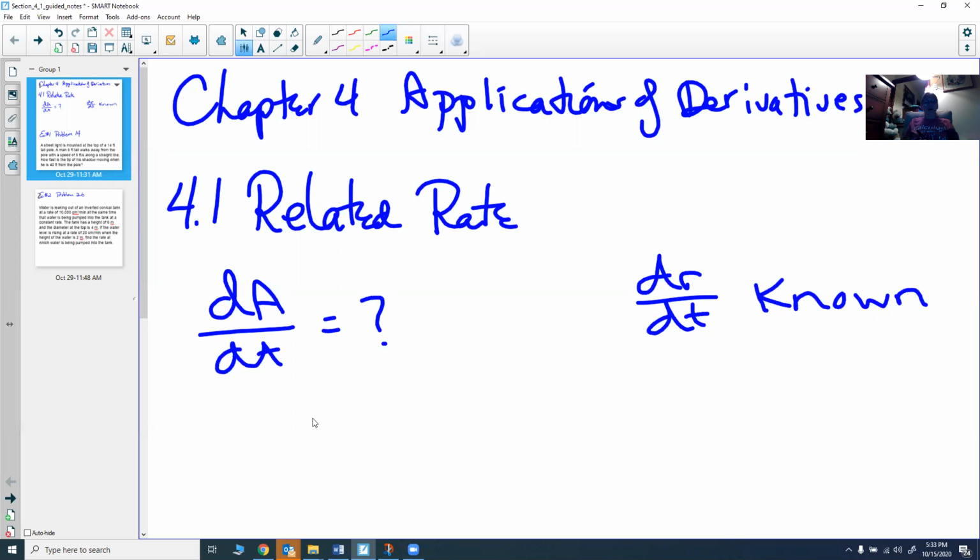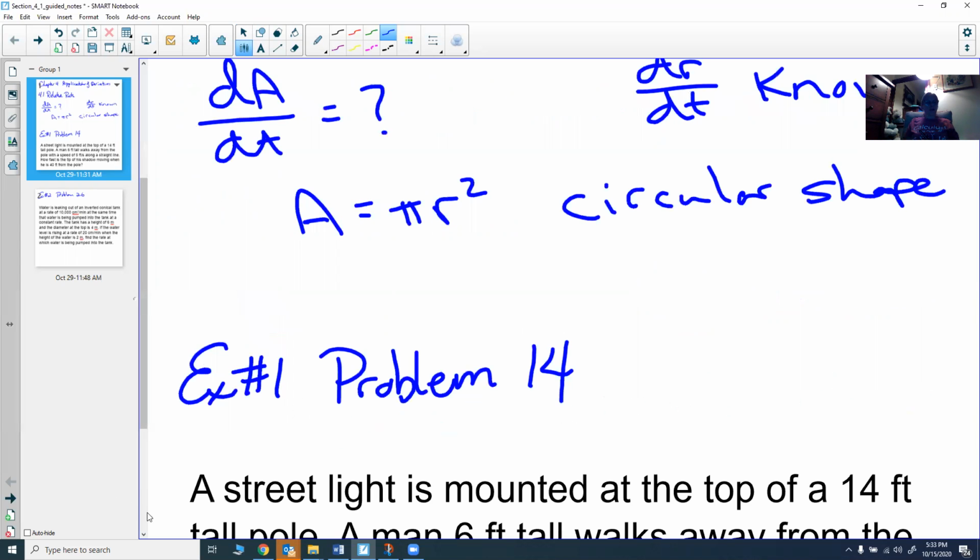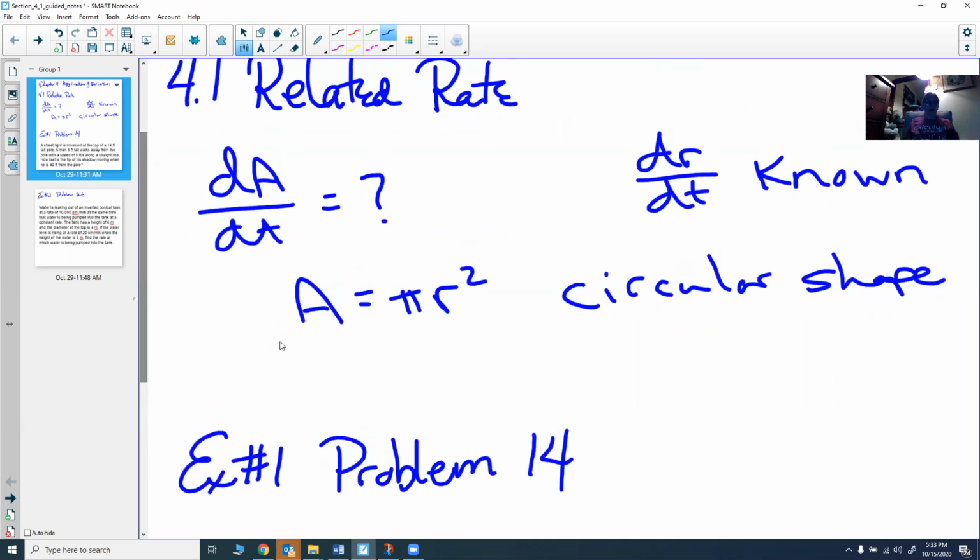Well, I know how area and radius are related. If we have a circle, we know that area is pi r squared because we have a circular shape. So when I look at that, I can find the change in area over time.